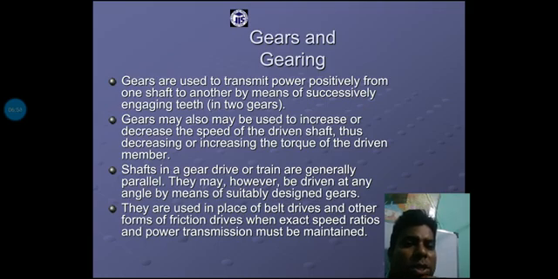Next, gears may also be used to increase or decrease the speed of the driven shaft, thus decreasing or increasing the torque of the driven member.